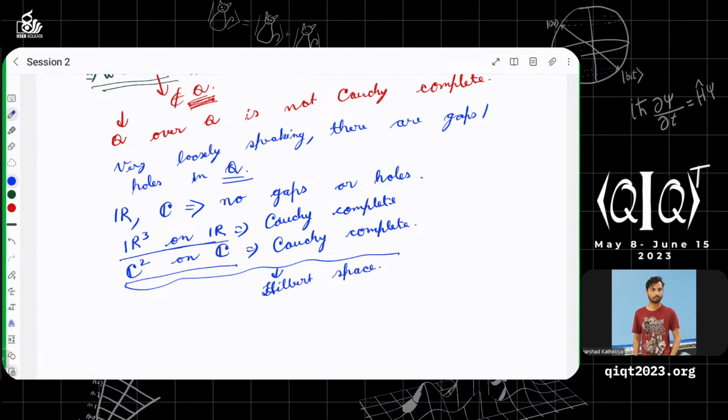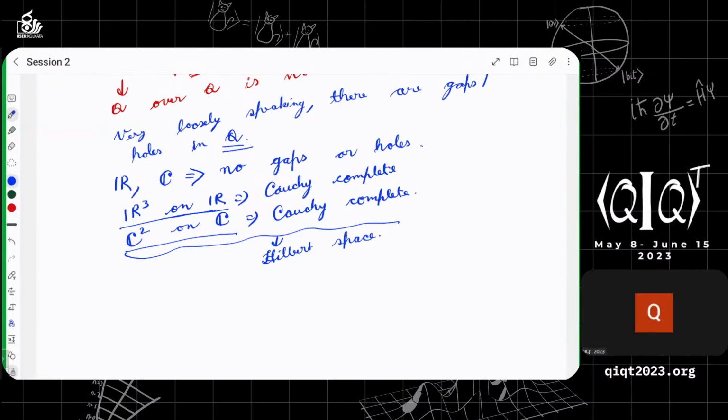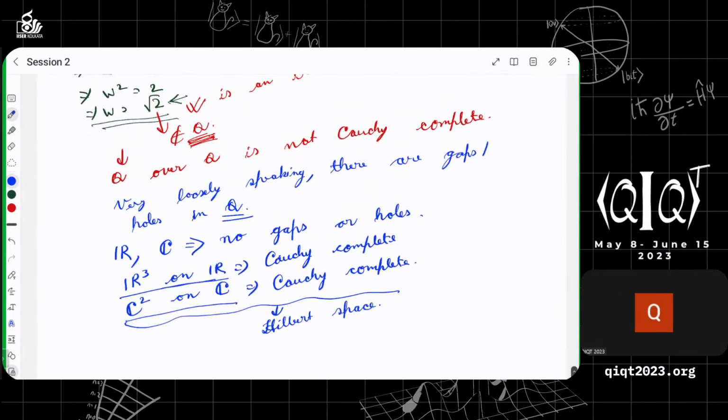I have a question. What is the role of this Cauchy sequence in this Hilbert space? Yeah, there's no role as such. Basically, the fact that the Hilbert space is Cauchy complete ensures that the formalism of quantum mechanics works well.